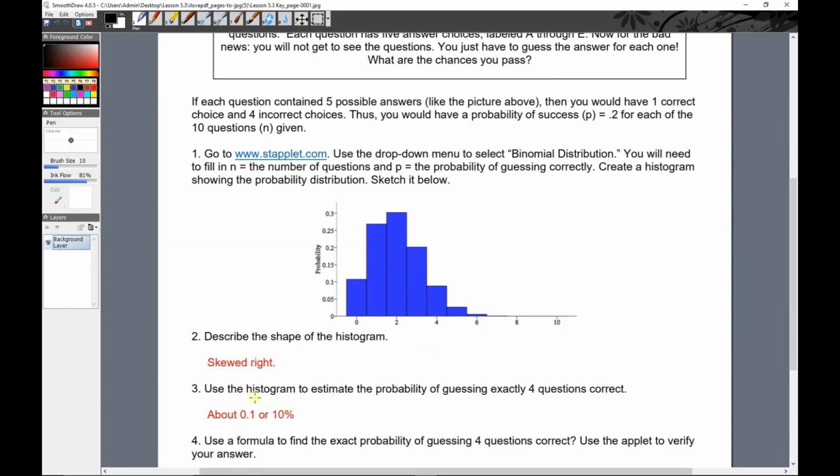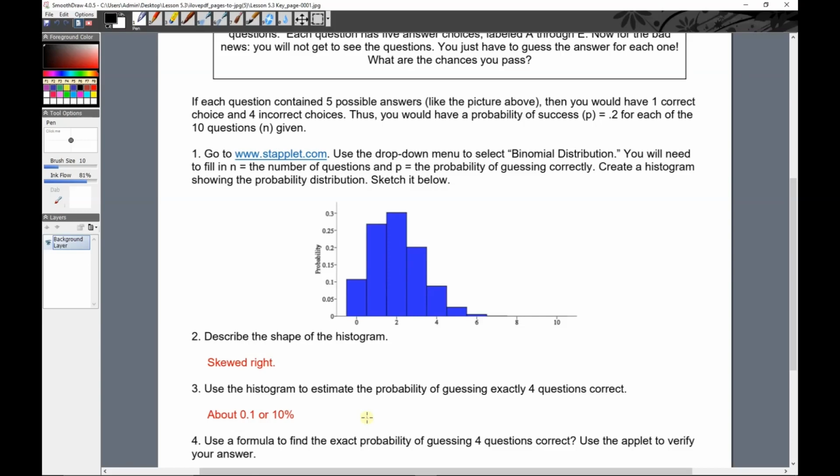And if we were going to use this histogram to estimate the probability of guessing exactly 4 questions correct, what they're saying here is if you read from the top of this 4 bar over, it is kind of around 10%. I'm seeing less, and we did get like 8%, almost 9%. But if you were to just quickly eyeball it, 0.1 or 10% would be good.